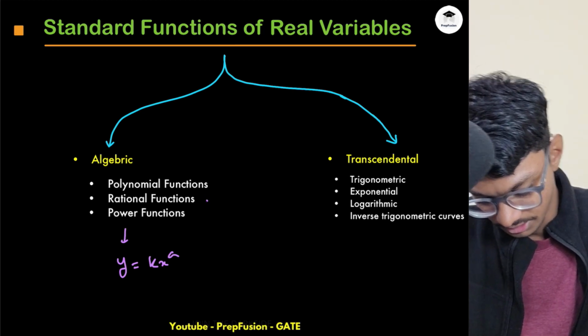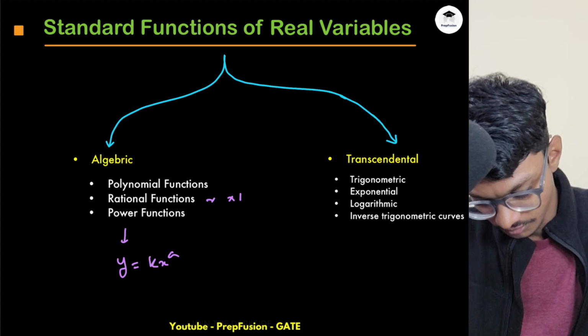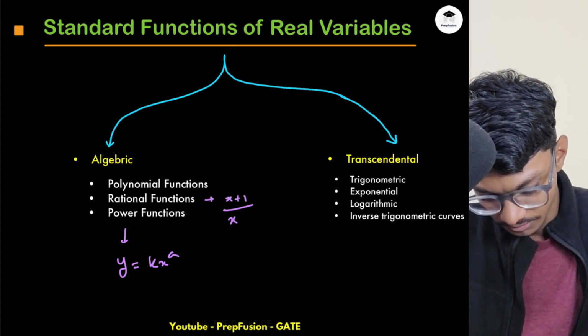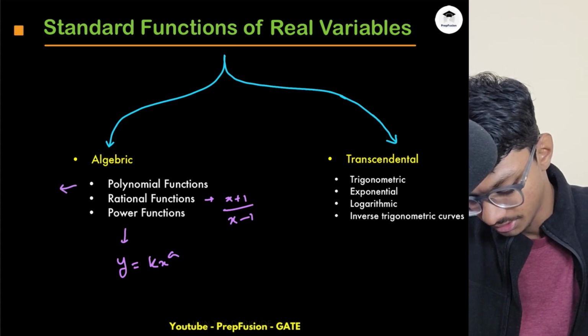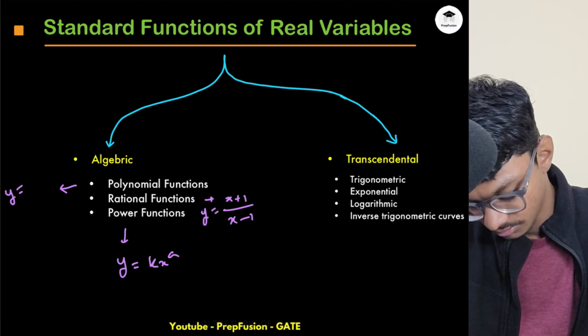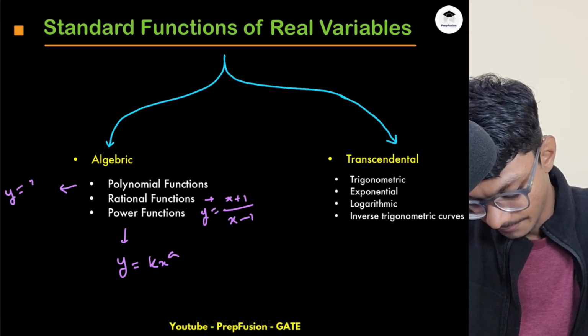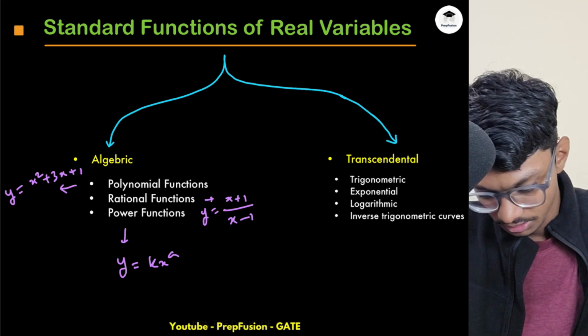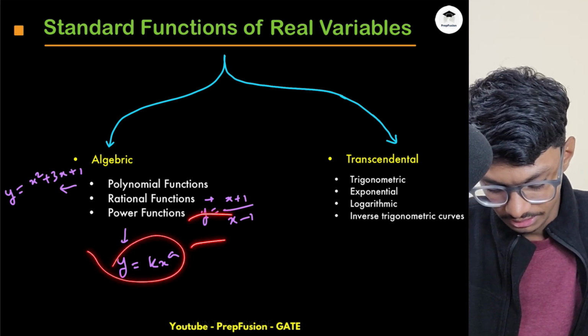Rational will be something like x plus 1 by x minus 1. Polynomial is y equals x square plus 3x plus 1. So these are the cases.